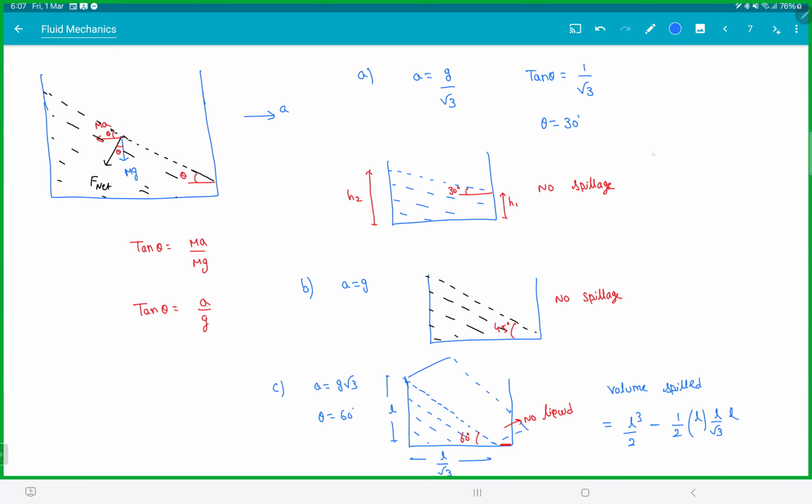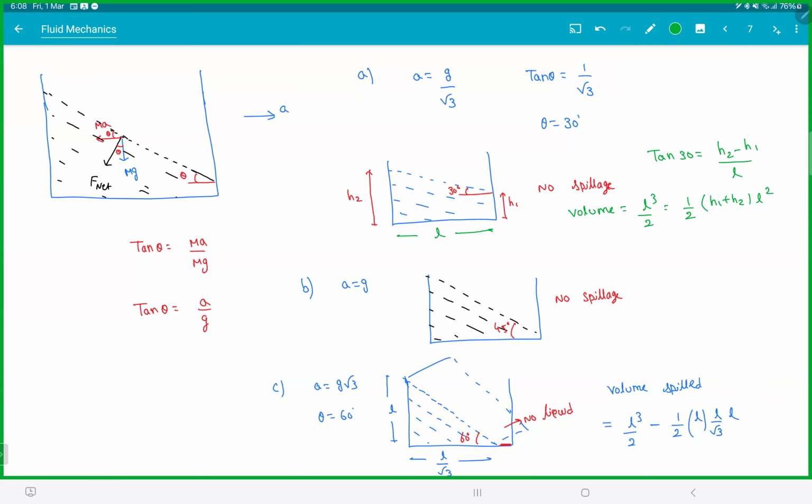Here, how to find H1 minus H2? Tan 30 is H2 minus H1 by L. That is one equation. Next thing, volume is conserved. Volume is initially L cube by 2, should be equal to half area of this trapezium, which is H1 plus H2 into L square.